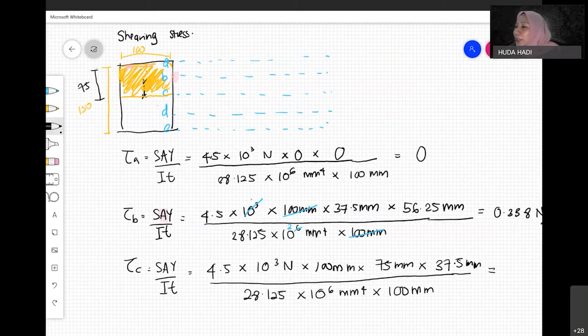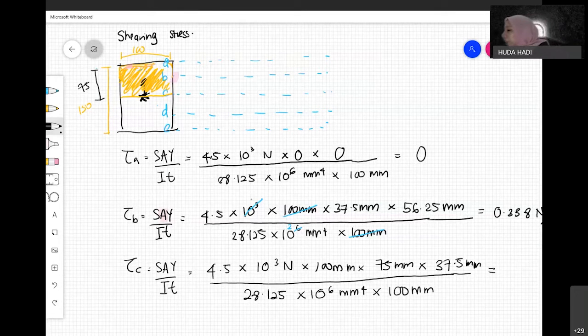You terus dapat centroid of area above C ni mestilah dekat B tu, sebab dia half daripada beam. So beam you size 100, area dia 100 darab 75. So separuh daripada 75 tu centroid dia, bagi je 2. Okay, so dapatlah pergi ke centroid semua. Centroid section ni semua kat C.